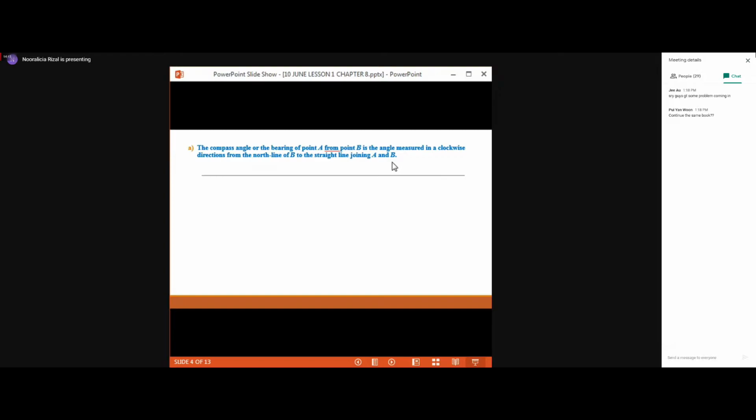So I want to highlight here, if I ask you to find, all right, the bearing of point A from point B, you always have to look at the word from. Okay, that's why I highlight the word from. So meaning you are at point B, all right? You're going to find the bearing to point A. Okay, because you are from point B. So it's not the other way around. It's not bearing of A to B.